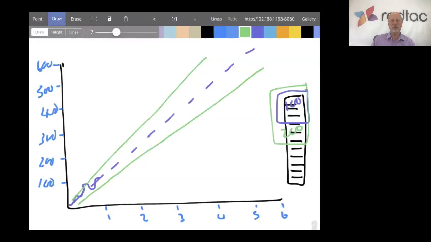Okay, so what can we then start to use the burn-up chart for? Well, we can start to create probabilistic predictions, and that's all they are, predictions, of what's likely to happen in the future. So for example, a business says to us, we must have this thing in place by the 1st of October. Now we know that the 1st of October is the end of sprint 3. Or they've asked the question, how much will we have in place by the 1st of October?